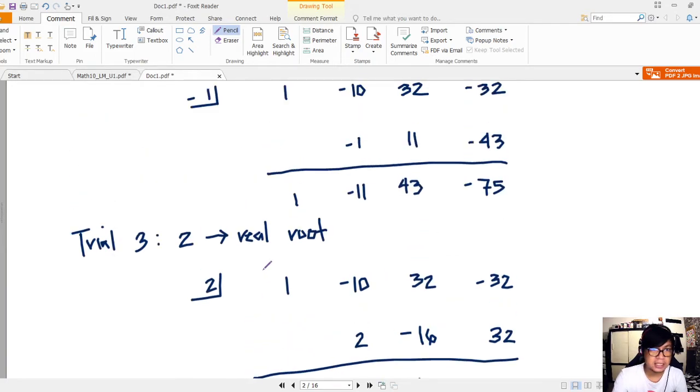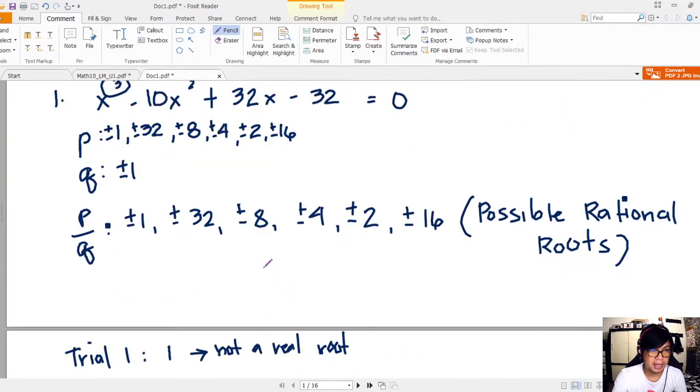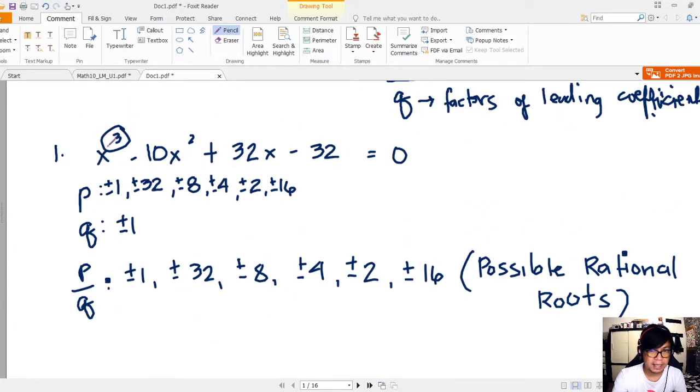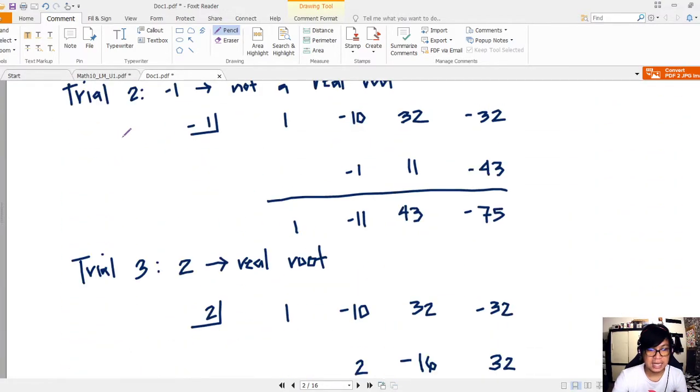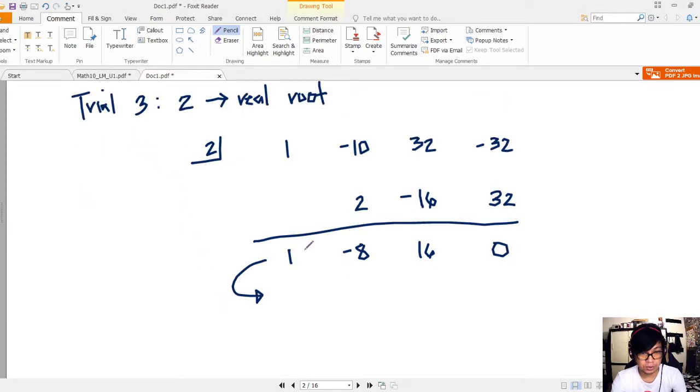So, since the degree of our polynomial is cube, magsasubtract lang tayo ng 1 exponent sa degree natin. So, magiging x squared na lang siya. So, ang depressed natin is x squared minus 8x plus 16 is equal to 0.